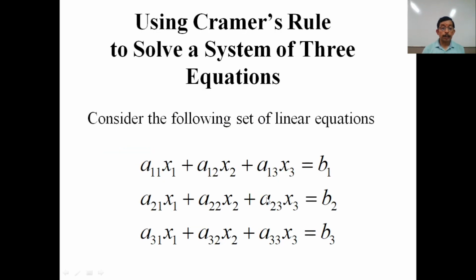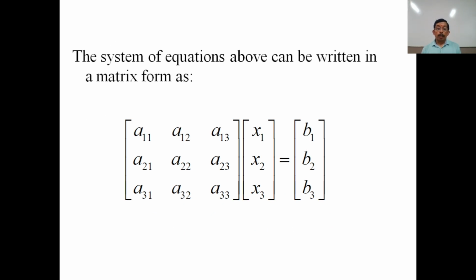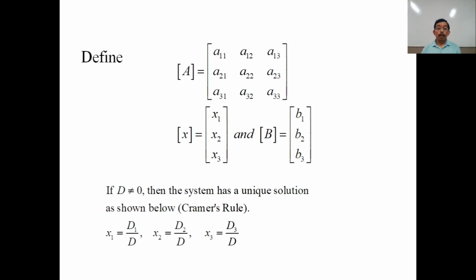Here, for example, are the equations of 3 variables x1, x2 and x3, the constants are b1, b2, b3, and the coefficients are a11, a12, a13, a21, a22, a23. Now x1 is equal to d1 upon d, x2 is equal to d2 upon d, and x3 is equal to d3 upon d, where A is the coefficient matrix of the unknown variables, X is the unknown variables, and B is the constant terms.